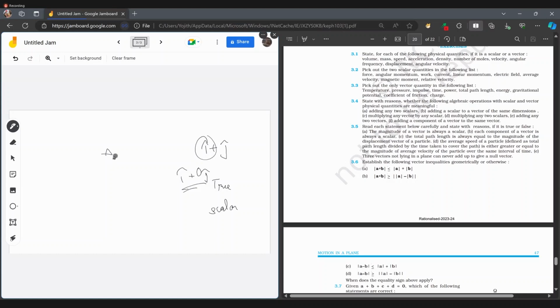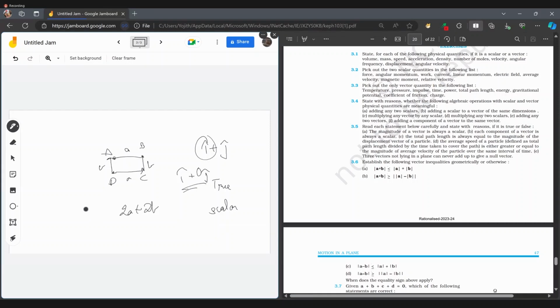What will my distance be? 2a plus 2b. This is my distance. However, since I'm coming back to the same point at which I started, A లో స్టార్ట్ అయి A కే వచ్చాను కదా మళ్ళీ, సో నా డిస్ప్లేస్మెంట్ 0 అవుతుంది. Hence, this is also false.